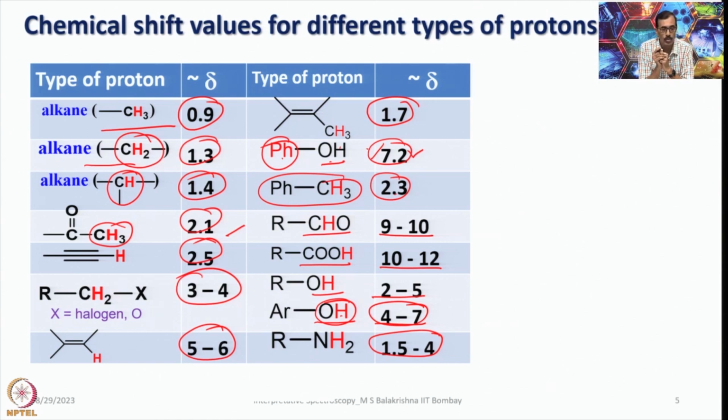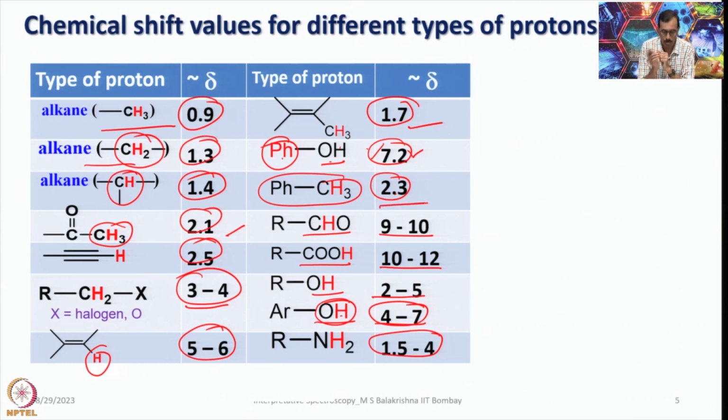When CH2 is next to halogens or oxygen, the chemical shift comes around 3 to 4 ppm, and in alkenes the chemical shift due to H comes around 5 to 6 ppm, and similarly methyl groups come at 1.7. The aromatic region in benzene comes around 7.2, and in toluene the methyl group resonates at 2.3 ppm.